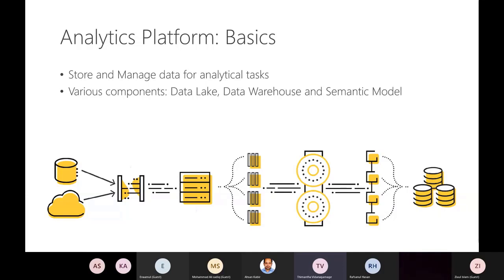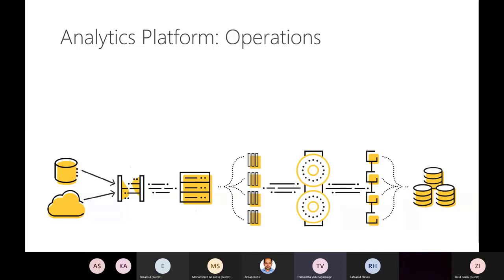Moving further into the operations in an analytics platform, firstly, it's data extraction. This is where data is extracted from various sources into the analytics platform. Data loading is where the extracted data is loaded into a storage component in the analytics platform.